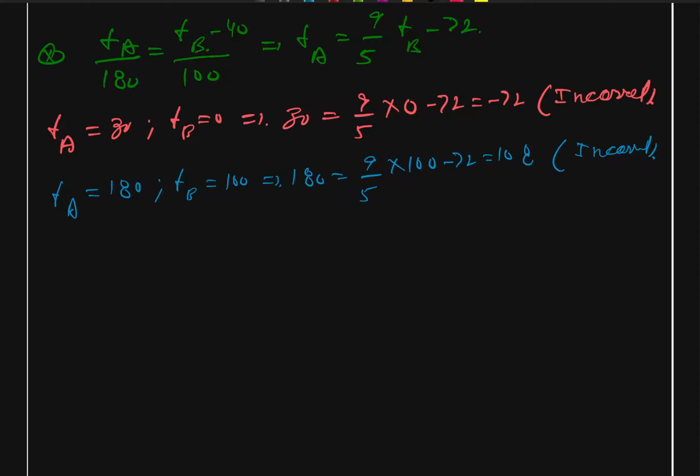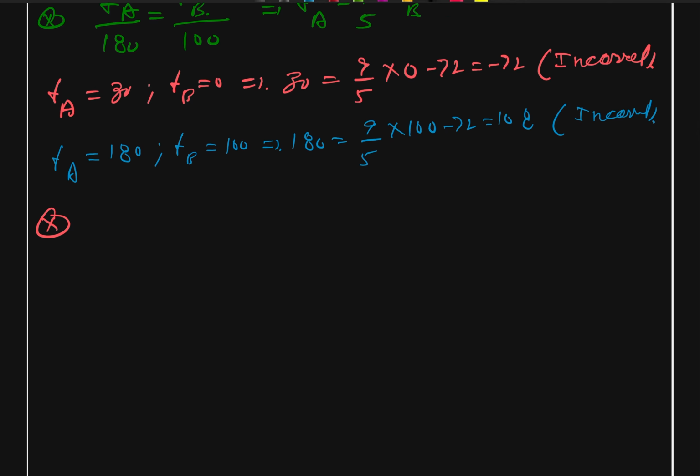And the next option is TB upon 100 is equal to TA minus 30 divided by 150.